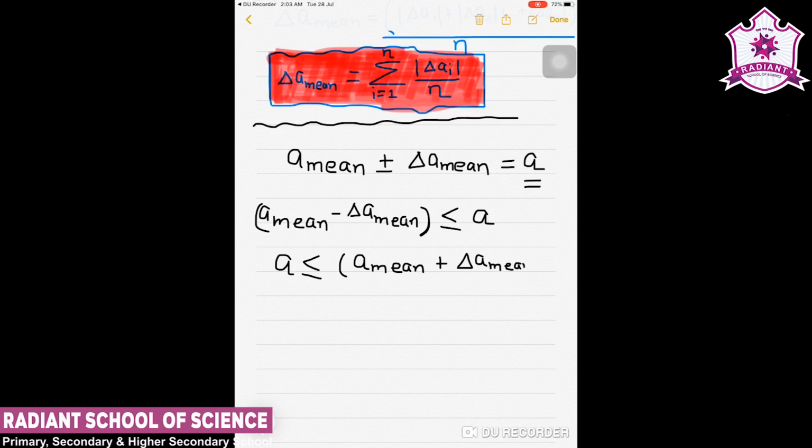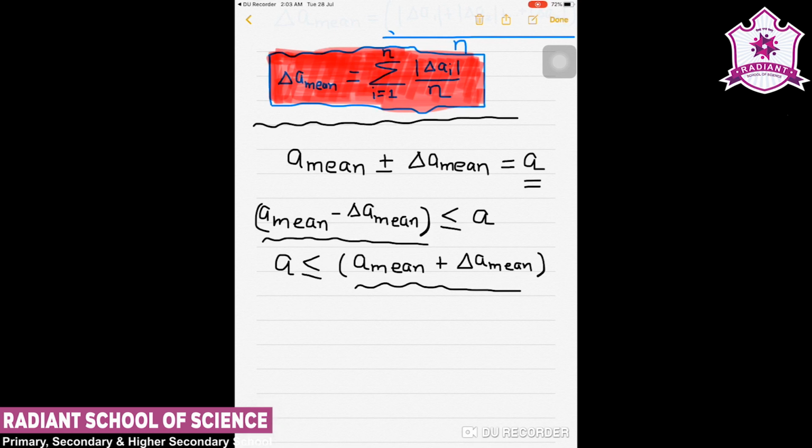So this is the range of our value, and this implies that any measurement of the physical quantity a is likely to lie between a mean plus delta a mean and a mean minus delta a mean. So this is called the calculation for absolute error.